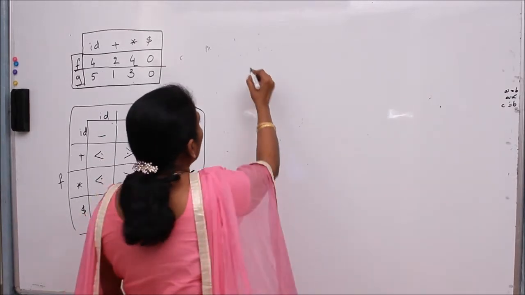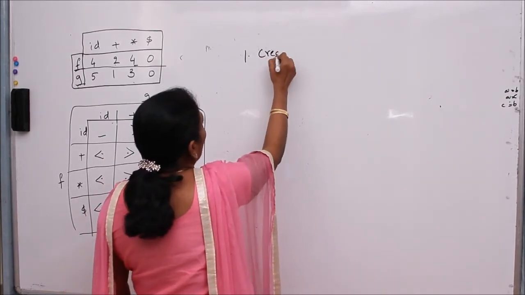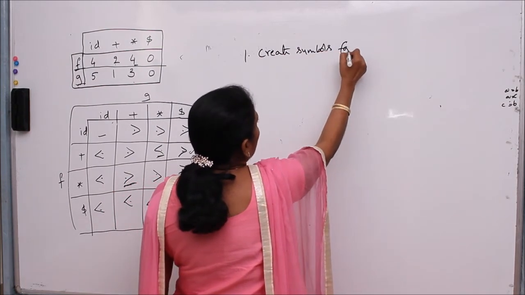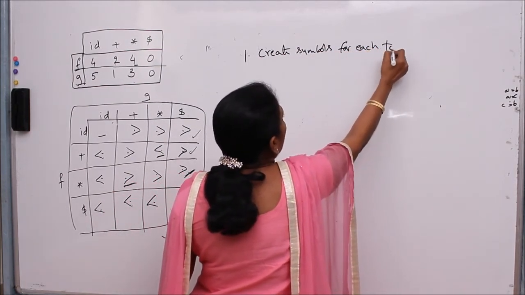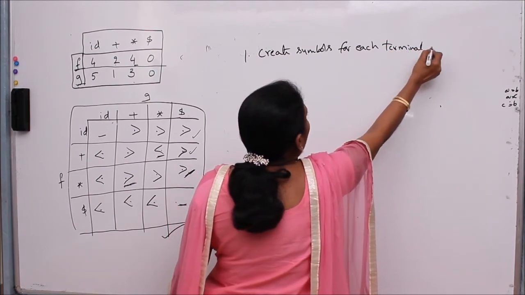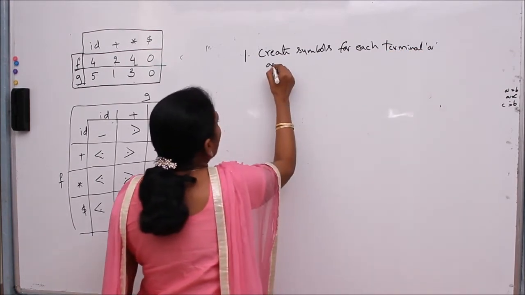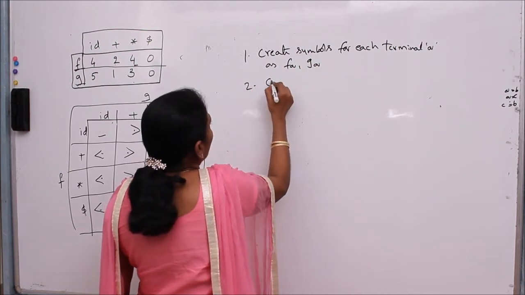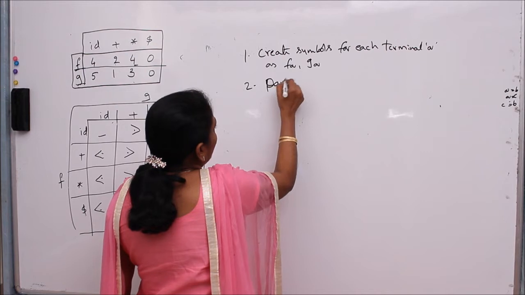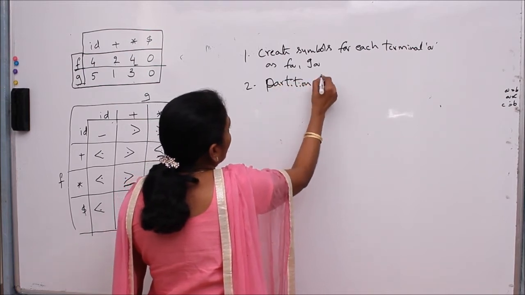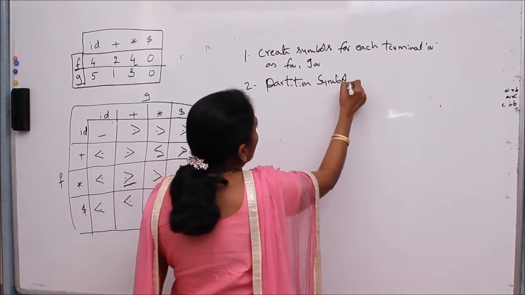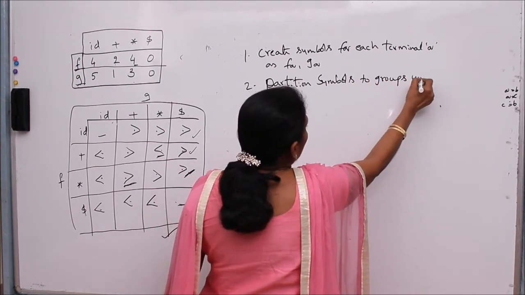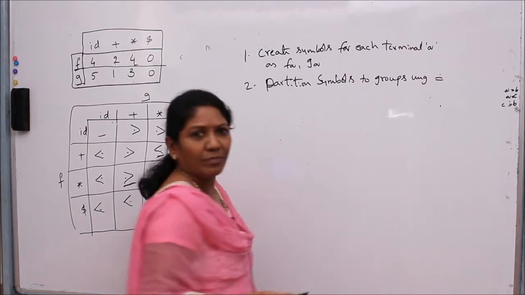For example, the first step is to create symbols for each terminal, A as fA and gA. Second step, partition symbols into groups using the equal to relation.